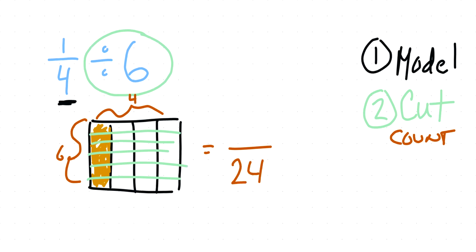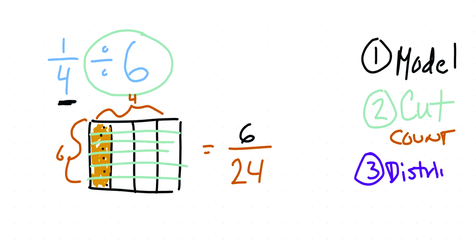And then if we look at the model itself, I have 1, 2, 3, 4, 5, 6 out of 24 pieces. But that's not our answer, because that's what this model says right now, because I just created 1/4 cut into 6 pieces. But I'm actually looking at how much is in each one of those groups or those pieces, if you will. And the step that we did there, that's that idea that we distribute.